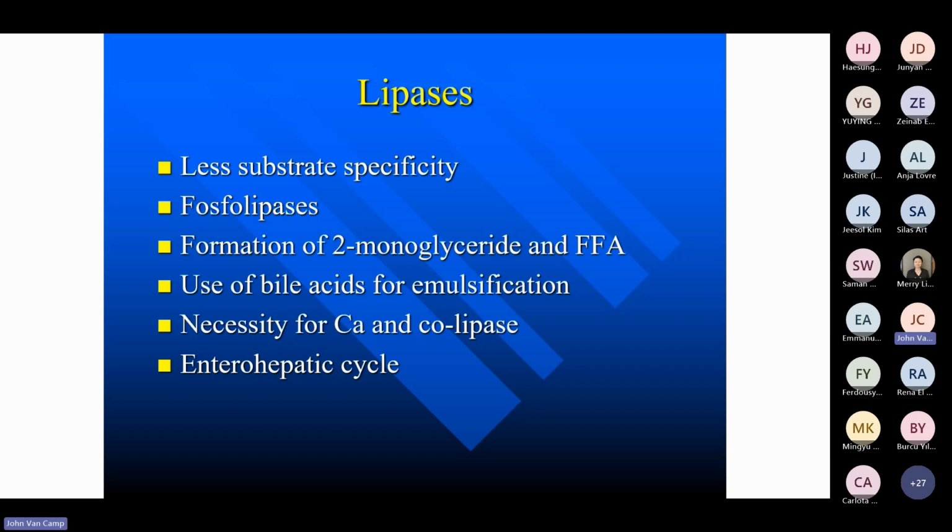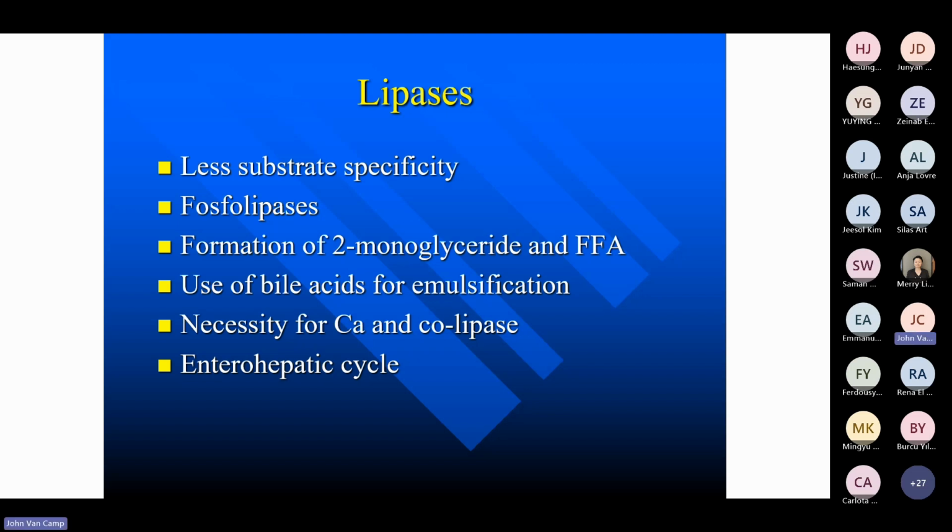So the colipase first goes inside the interface to push the bile acids a little bit away to make room for the lipase to follow, and then the lipase can interact more easily with the substrate. That's why we need colipase and calcium in order to improve the activity of the lipase.